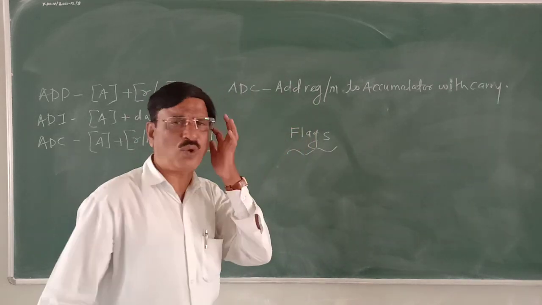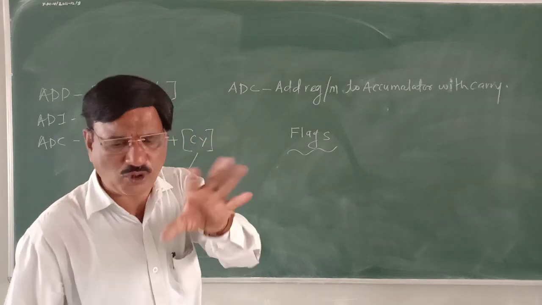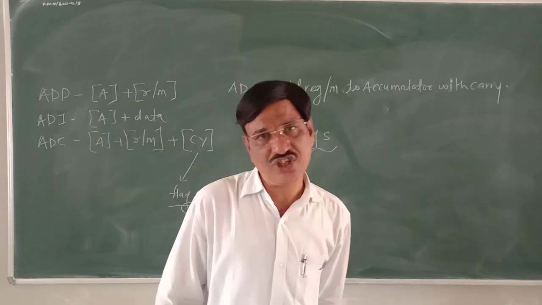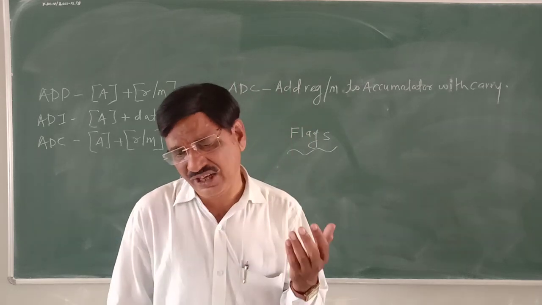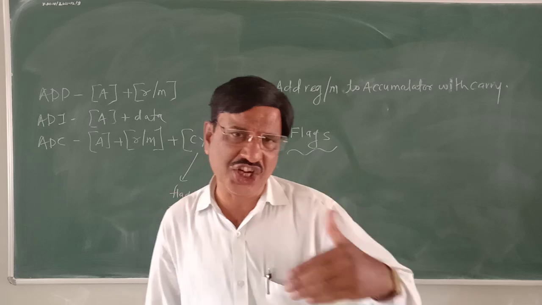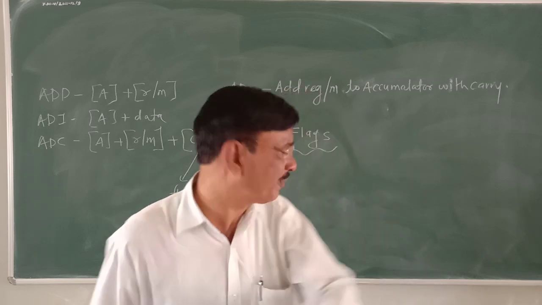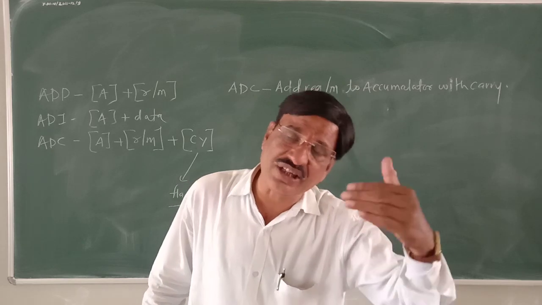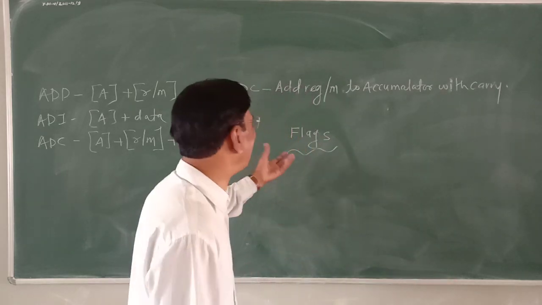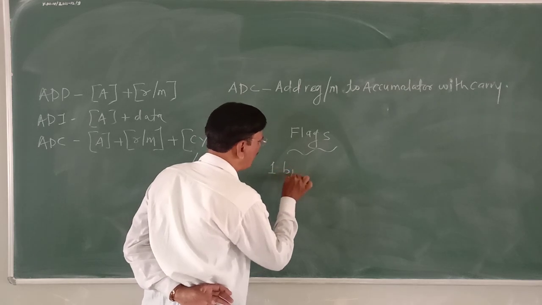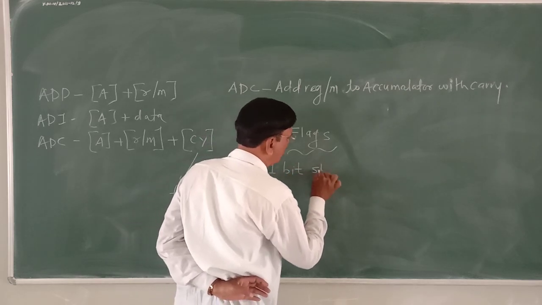So flags are also registers. Suppose a question is asked in the examination, make the list of registers of 8085. Then you will make the list: register A, that is accumulator, registers B, C, D, E, H, L and flags. Flags are also registers. But A, B, C, D, E, H, L are all 8-bit registers, whereas the flags are only 1-bit status registers.